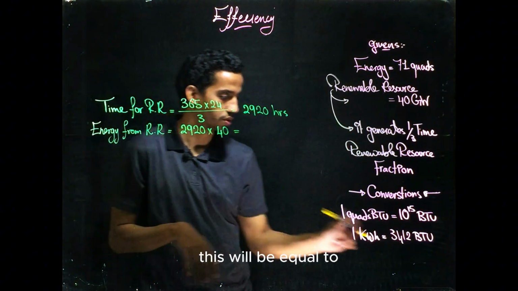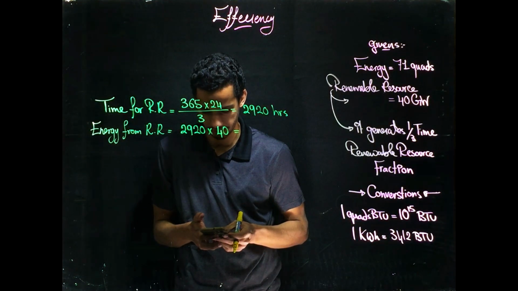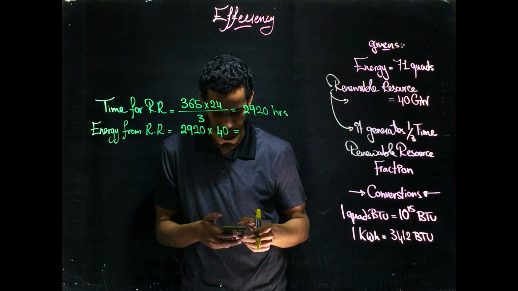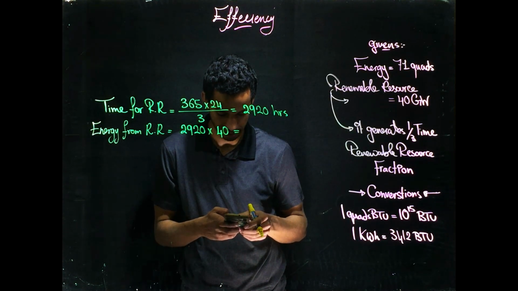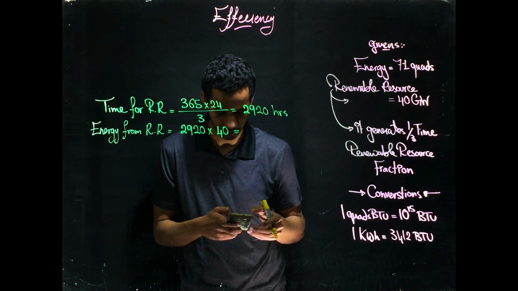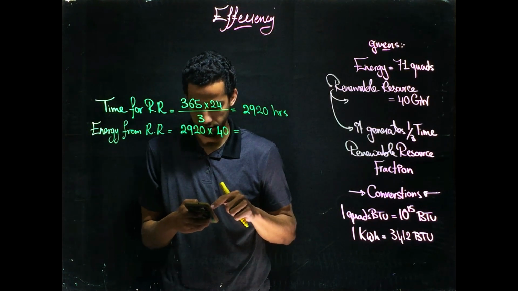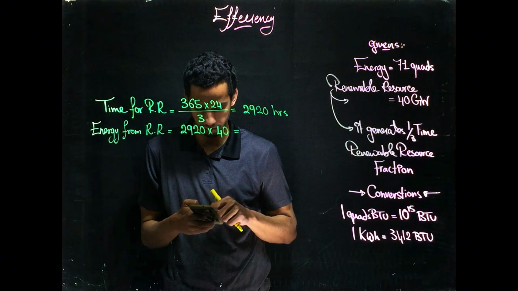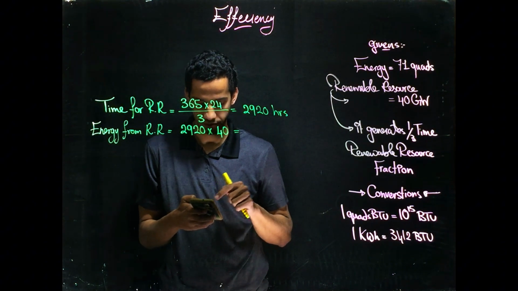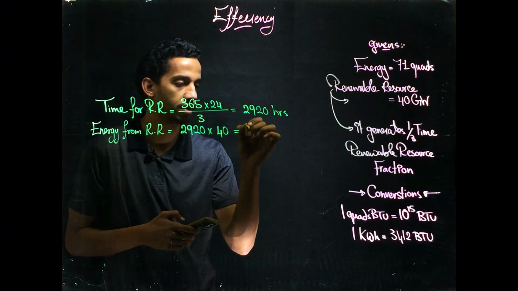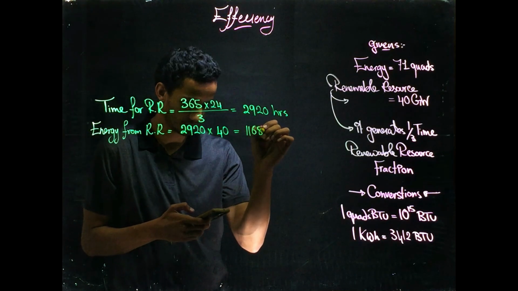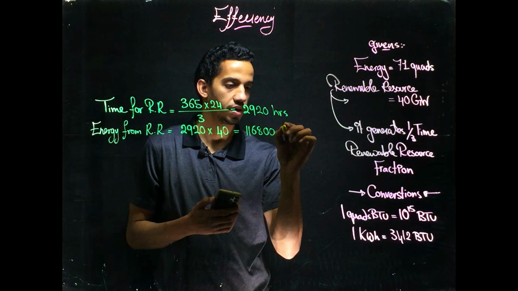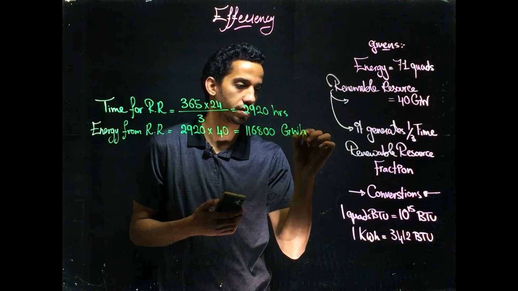This would be equal to, okay, let's write fast, as my brother took my calculator. 2920 times 40 equals 116800, which is in gigawatt hours. Okay, great.